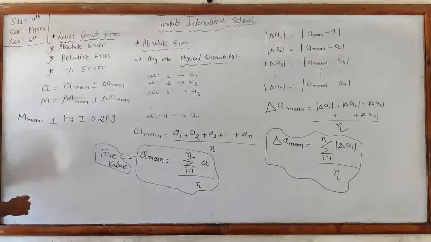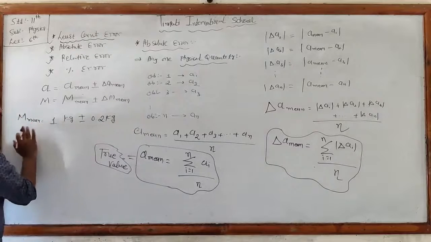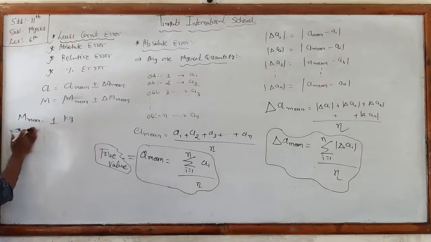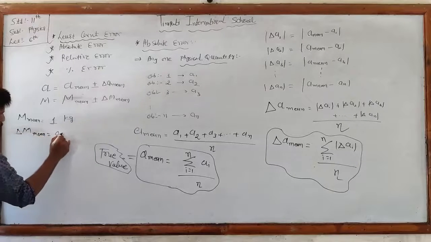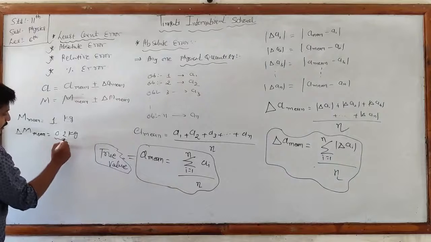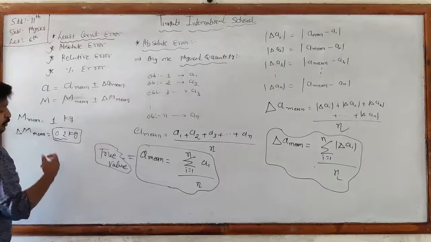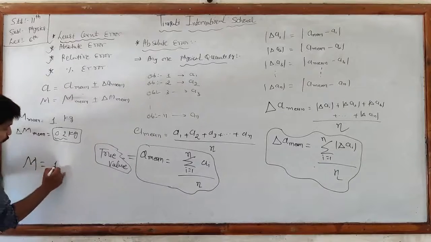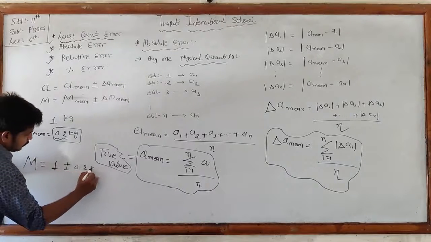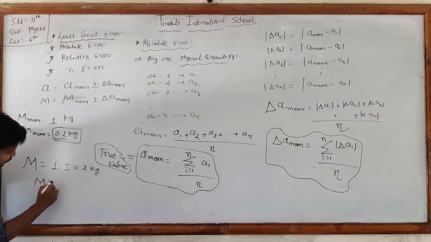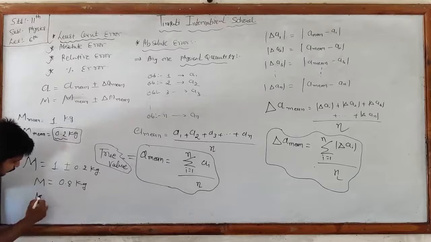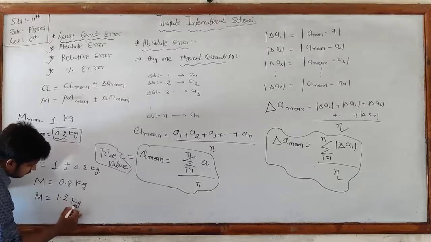So delta m mean is equal to 0.2 kg. I am getting an error of only 0.2 kg. So what is my observation now? m is equal to 1 plus or minus 0.2 kg. So your m may be 0.8 kg or maybe 1.2 kg.